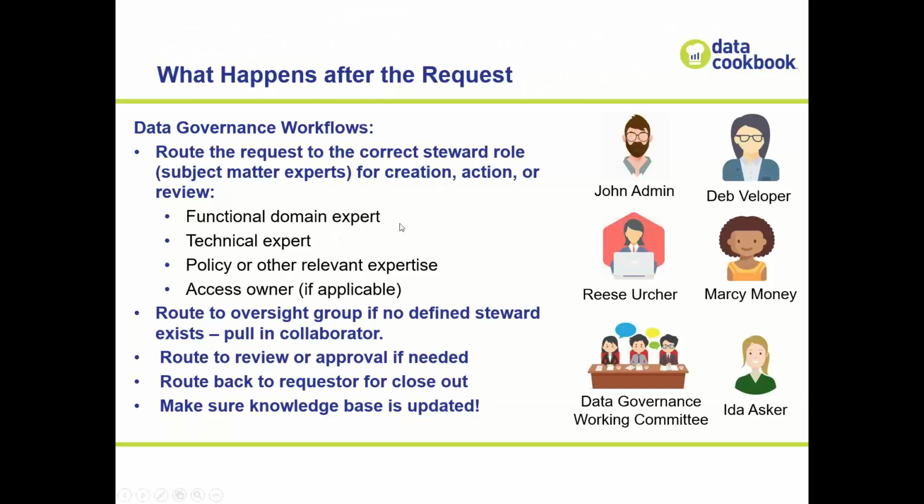However, if you don't want to deal with this level of complexity and this level of recruiting and definition and organizational structure off the top, you can set something up that, for either everything or for everything that doesn't yet have a defined role, routes to some sort of oversight group where there isn't a defined steward, right?